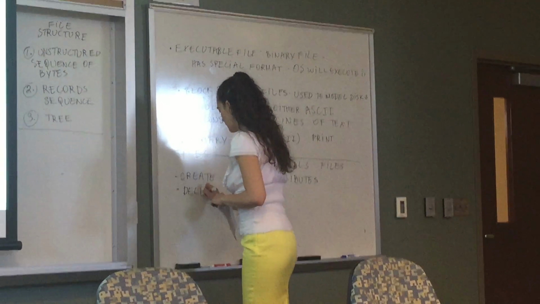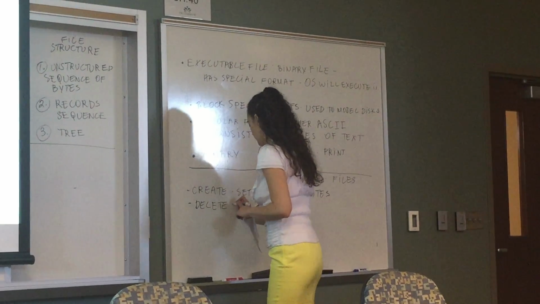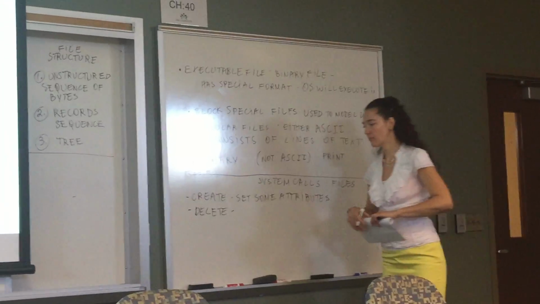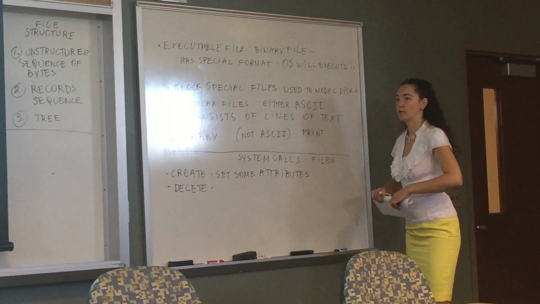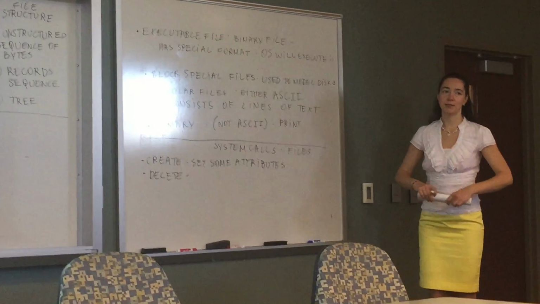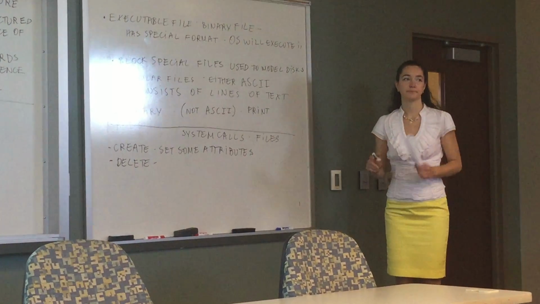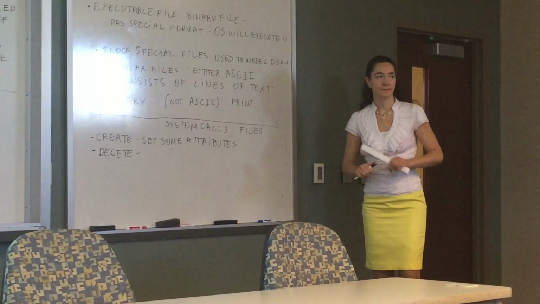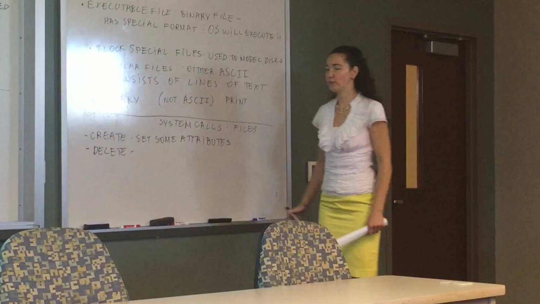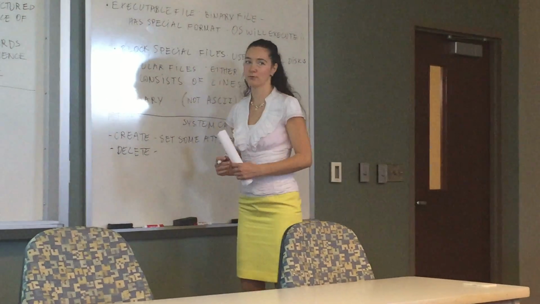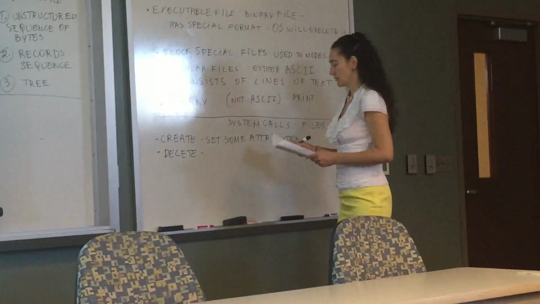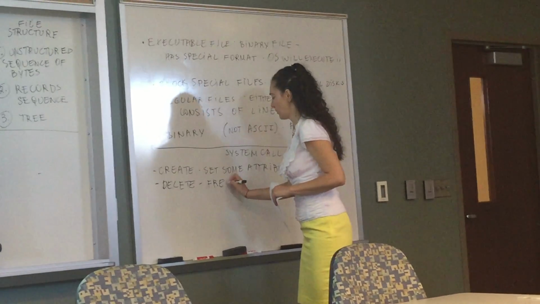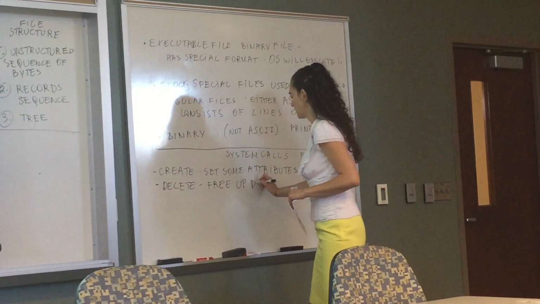What happens if we start having too many files? Can we fill up the whole disk with that? We can, and if we fill it up, then we have to go and delete some of them. So we would delete them to free up disk space.